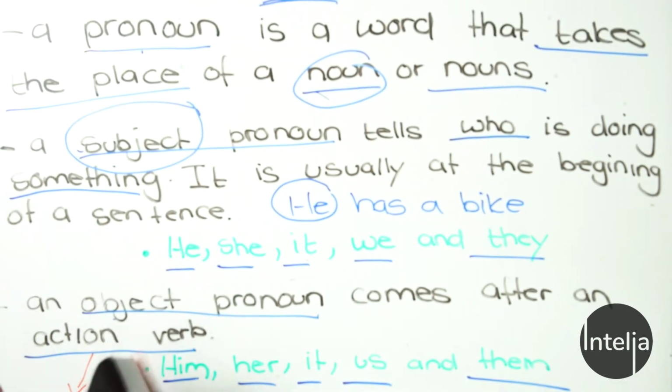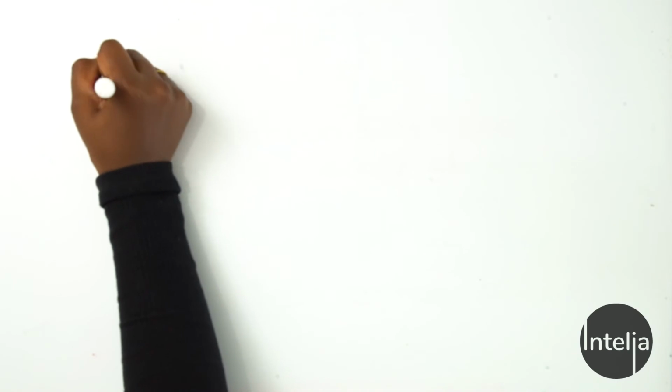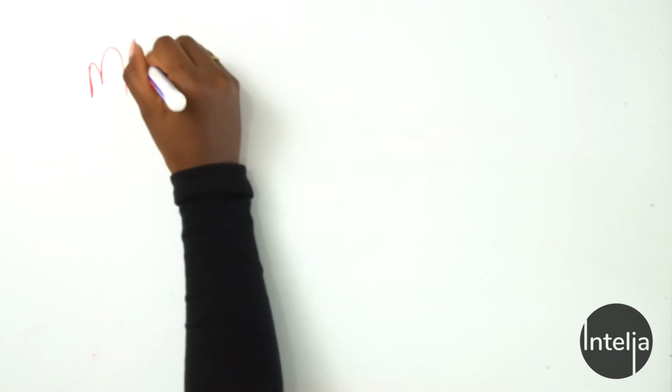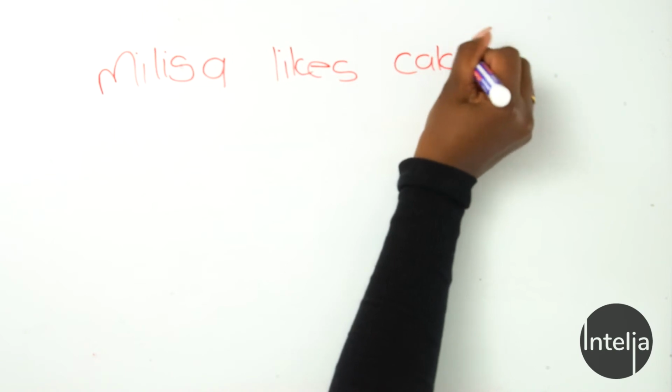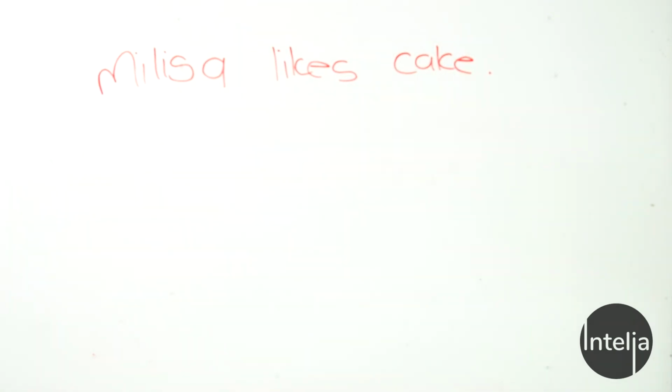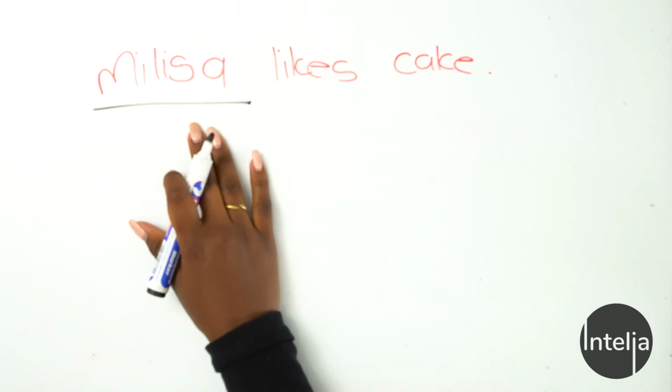Let's just do a few examples so that you understand it a little bit better before we start getting into the activity. So I'm gonna write Melissa likes cake, right? And so what we're gonna do is, first things first, we're gonna identify our noun, which is Melissa.